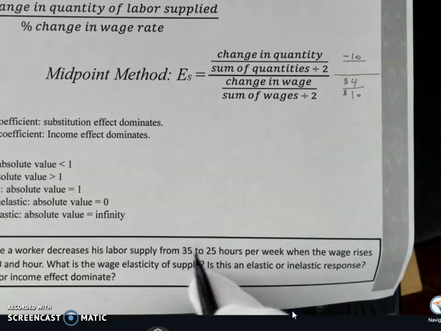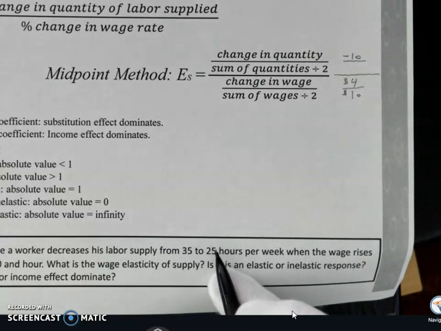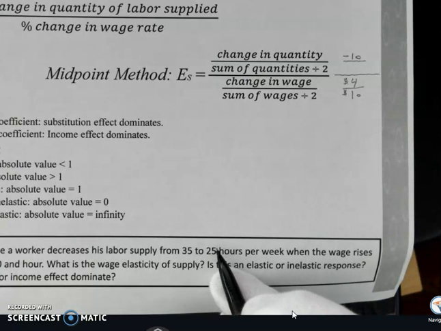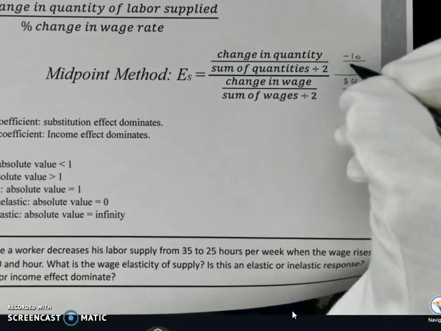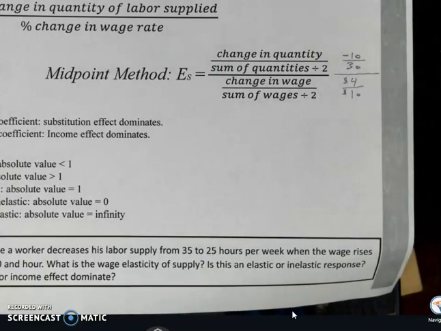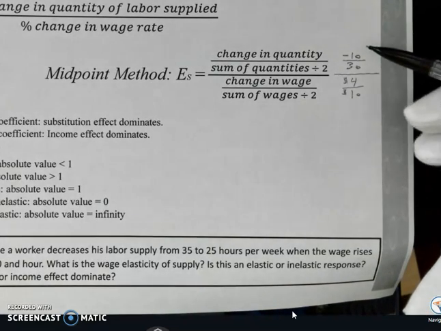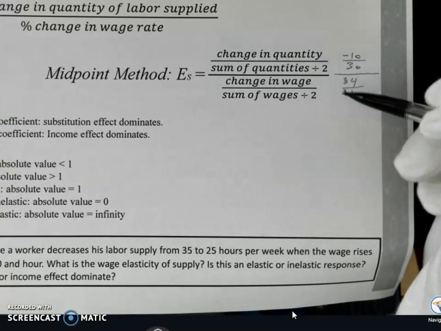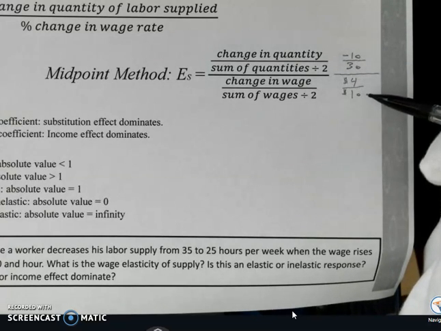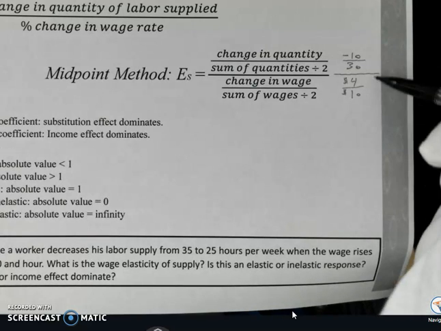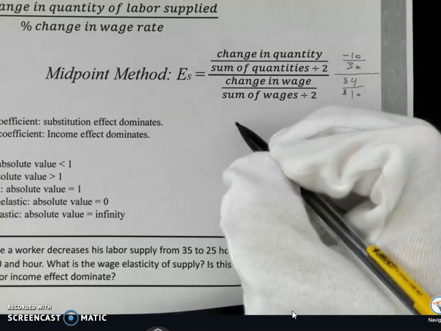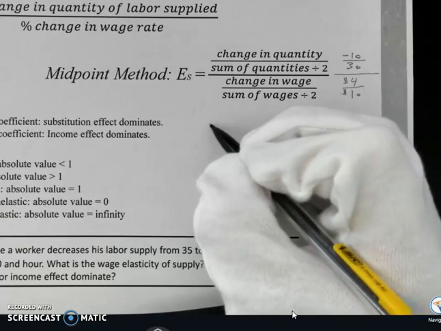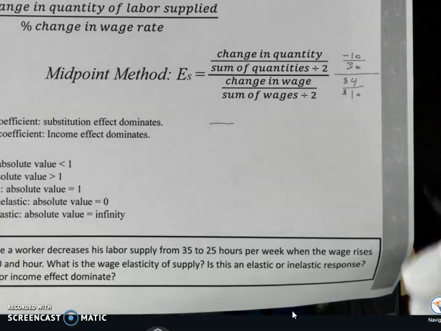Well, 35 plus 25 is 60, divided by 2, which is 30. So now we have our percentage fraction in the numerator and our percentage fraction in the denominator. The next thing we need to do is actually calculate. Now I'm going to jump down here and calculate these percentages.